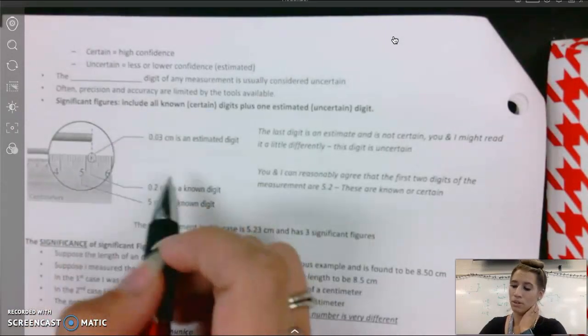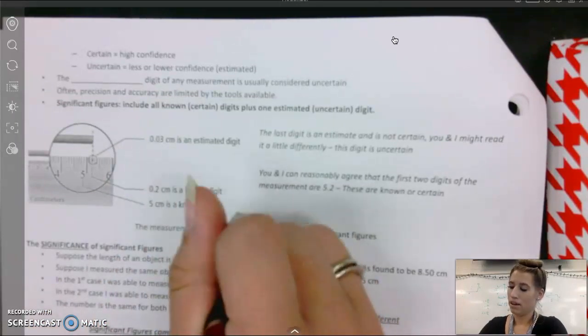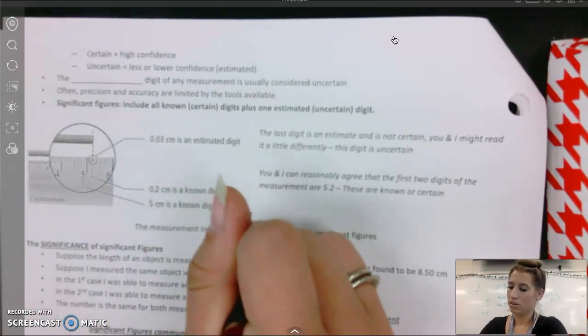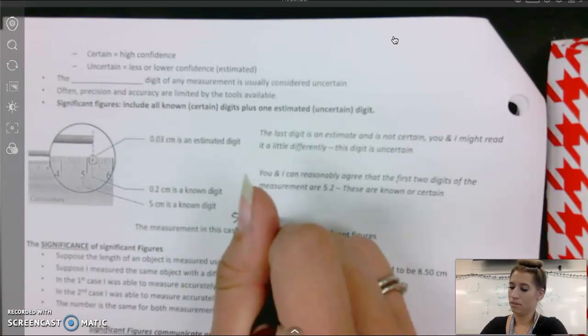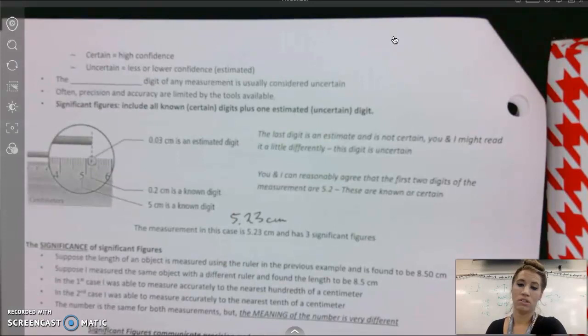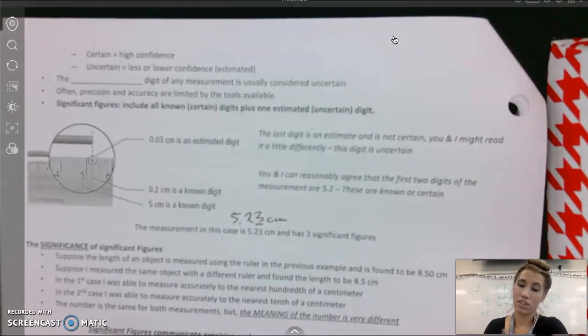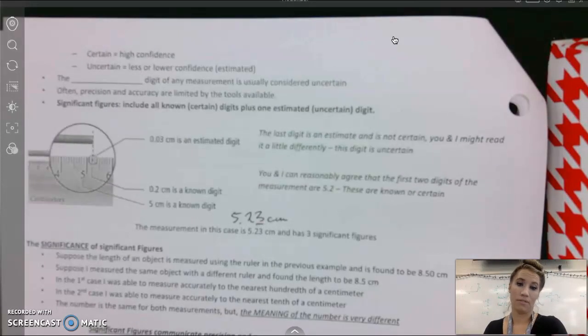So like for this object here, we have 5.23 centimeters, okay? And all of those digits are significant figures. This one is an estimation. The last digit always will be, but we consider all of those to be significant.